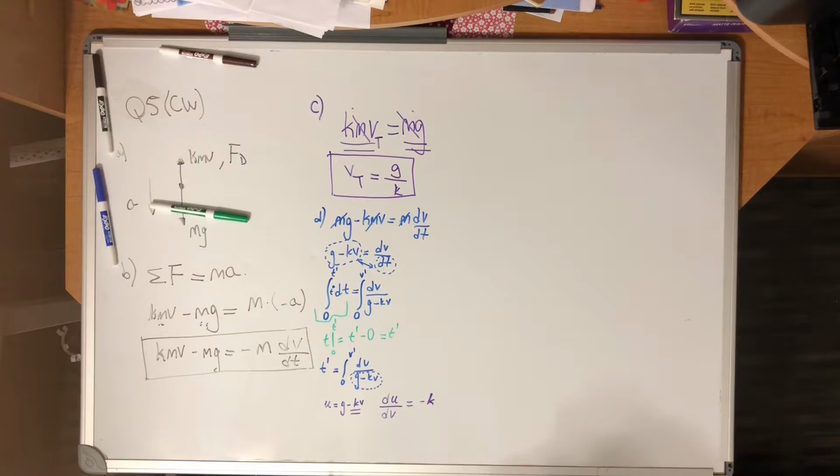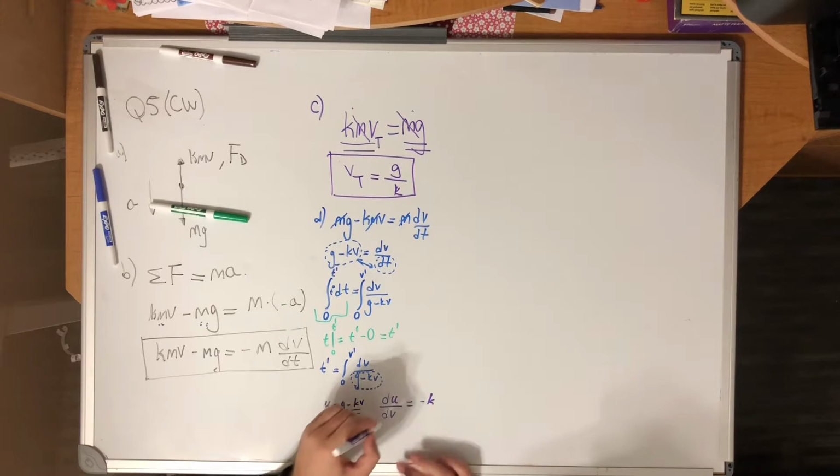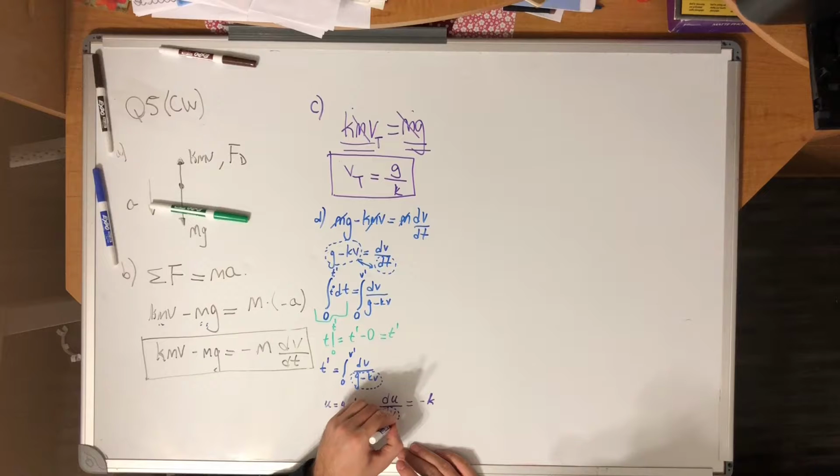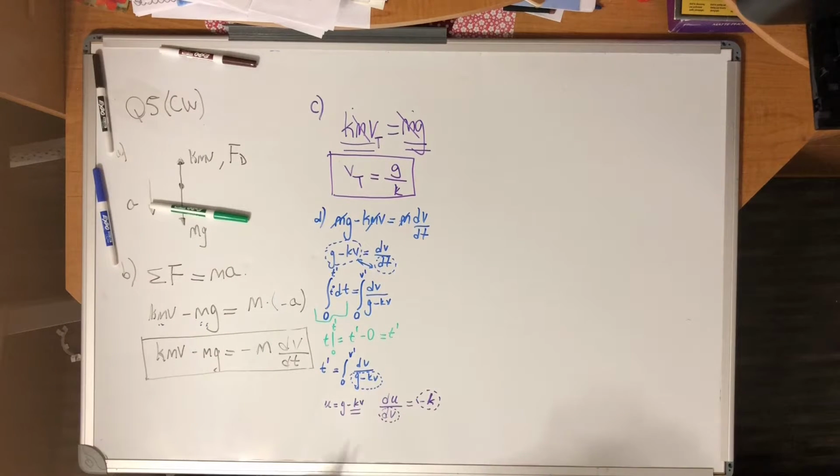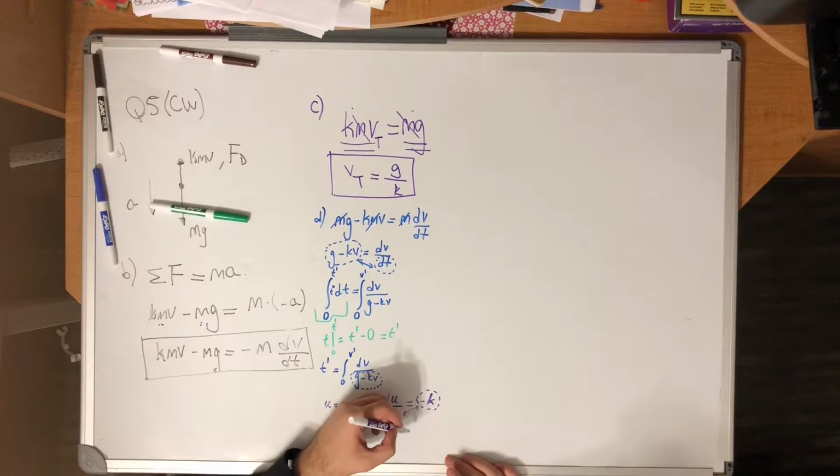Then what can we do? We can write those two functions in terms of one another. I need to replace this dv, so I need to find this function in terms of dv. And again, if you would like, you can just switch those two functions. Then what is going to be dv?